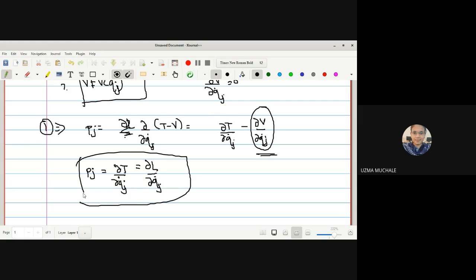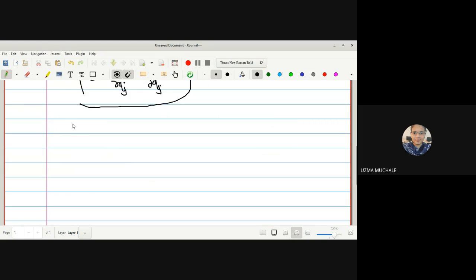Now let us go for the next point, that is the cyclic coordinate. Let me write down the definition of cyclic coordinate.